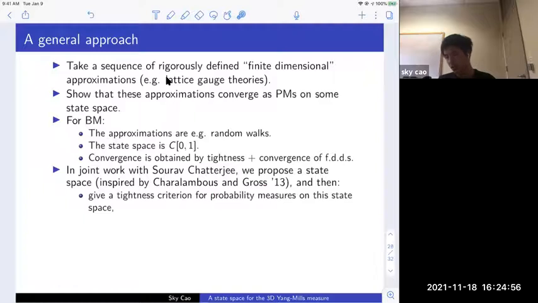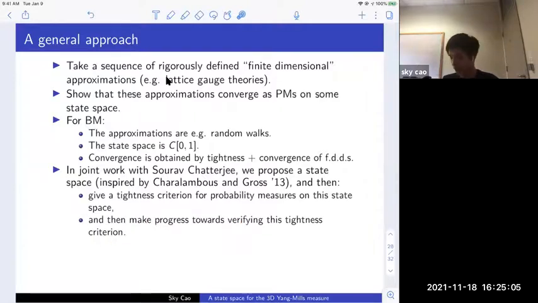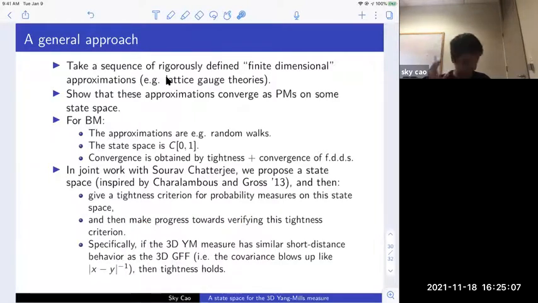Of course, to show uniqueness, we would need to show convergence of FDDs, but that's a separate problem. Moreover, we make some progress towards verifying this tightness criterion. What we show, and this is a hand-wavy statement, since we give a mathematical formulation in the paper, is that if the Yang-Mills measure has similar short distance behavior as the three-dimensional Gaussian free field, in other words similar regularity as the 3D GFF, then we have tightness.